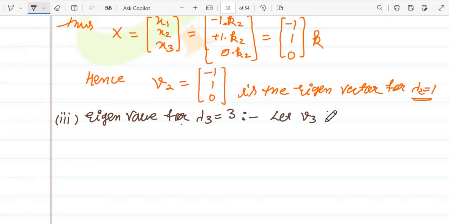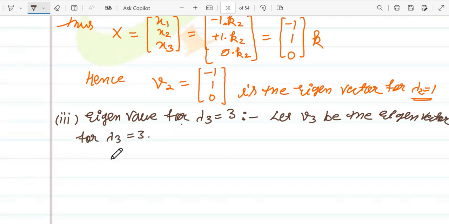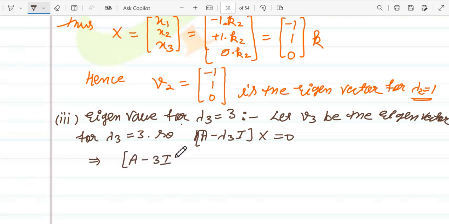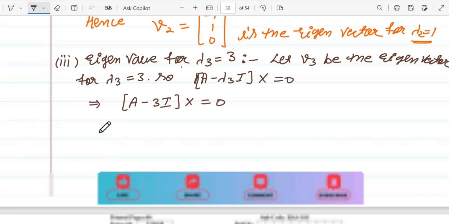Let v3 be the eigenvector for lambda 3 is equal to 3. So A minus lambda 3 I into x is equal to 0. This implies A minus 3I into x is equal to 0.